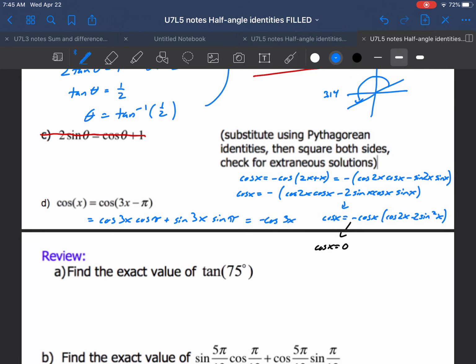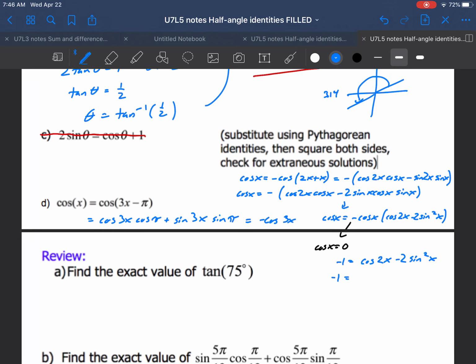Okay. But if I divide both sides by cosine x, and I'm going to move the negative over, so that means that -1 is equal to, now I'm going to rewrite cosine 2x. You know what? I'll do that in the next step because maybe I'm doing too much here. So this is equal to cos 2x minus 2 sine squared x.